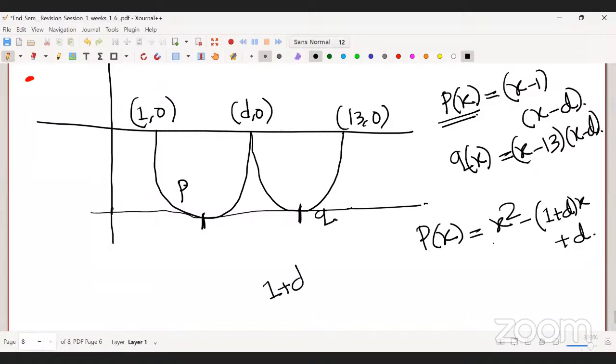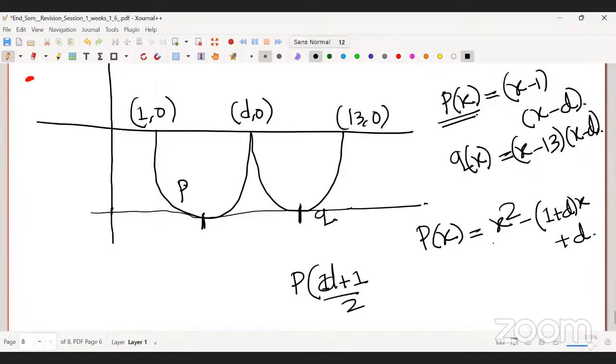The x coordinate of the vertex is (1 plus d) by 2. At this point we have to find P of x, so the y coordinate is P of (1 plus d) by 2.